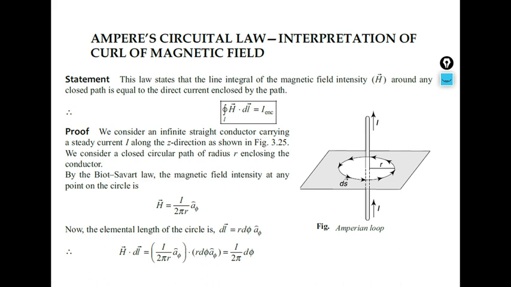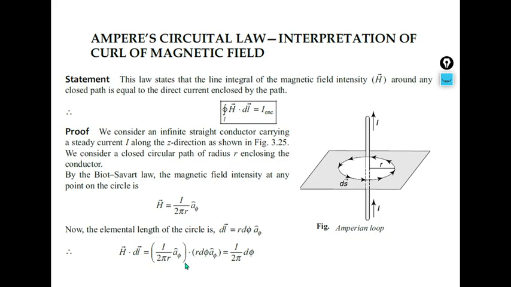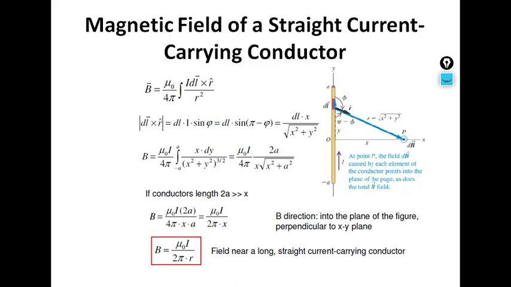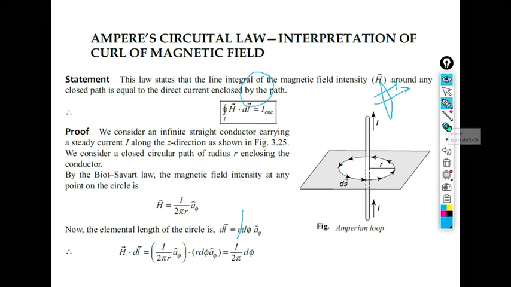Right? So from Biot-Savart's law we have seen that B is equal to mu 0 I by 2 pi r. So B by mu 0 means H. So we can write H is equal to 1 by 2 pi r a phi cap, because we are taking it as a cylinder.